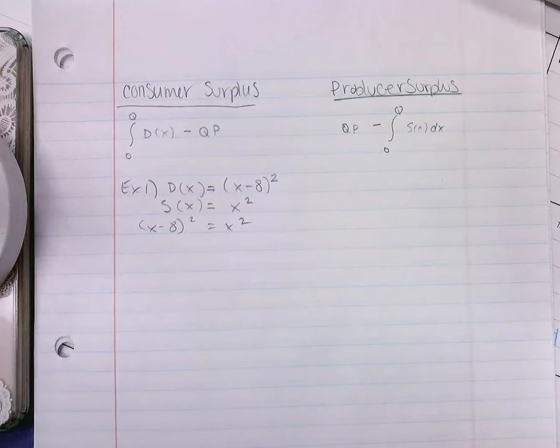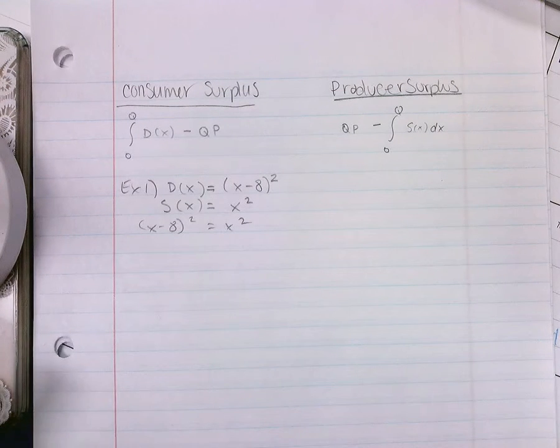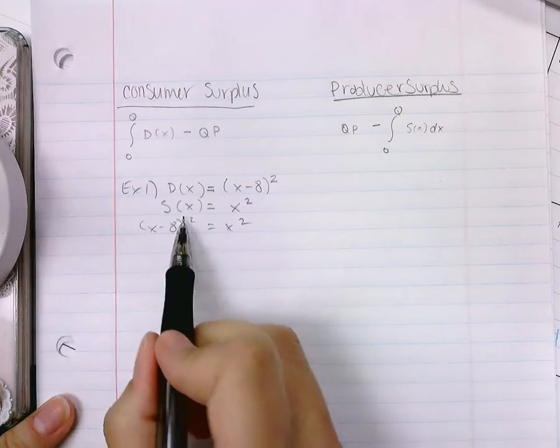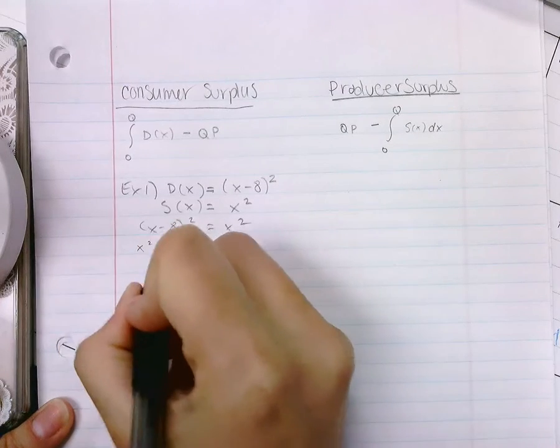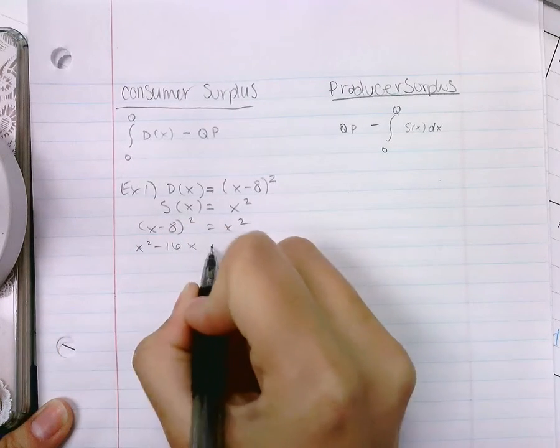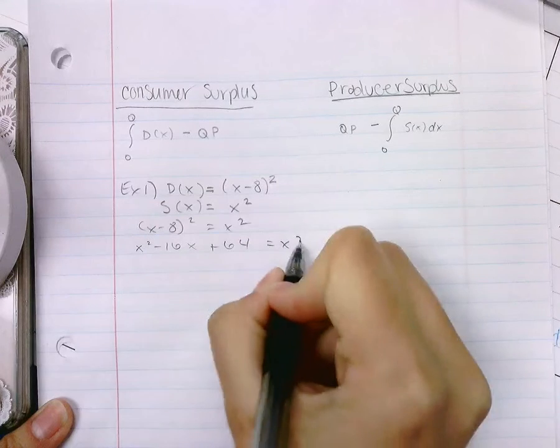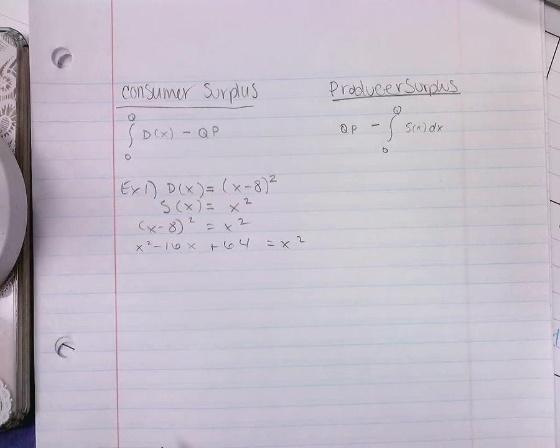Okay, so since both sides are squared, you could just square root both sides. If one side is squared and one's not, then you would want to expand this. So you'd expand it like this. But if you want, you can also just square root both sides because both sides are perfect squares.